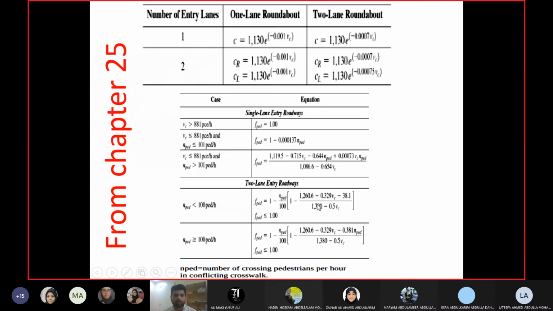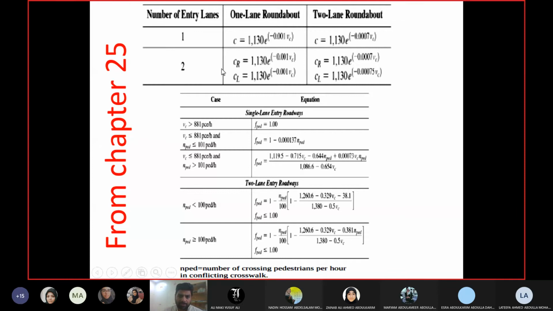One more thing you can note down here is the unit of volume: it is passenger cars per hour. So we are counting just passenger cars. We can convert any vehicle into a passenger car. I will discuss it later on, but for the time being, just keep in mind that for these equations, the units of volume are passenger cars per hour.